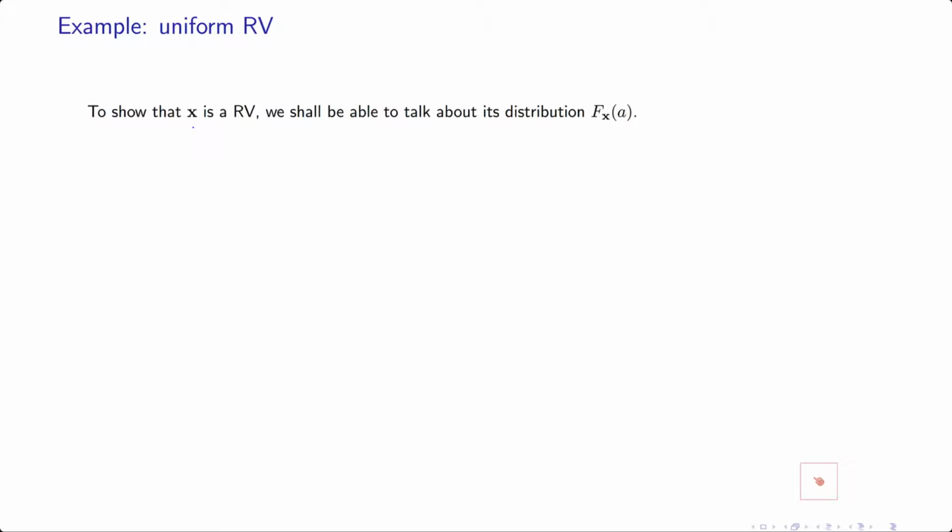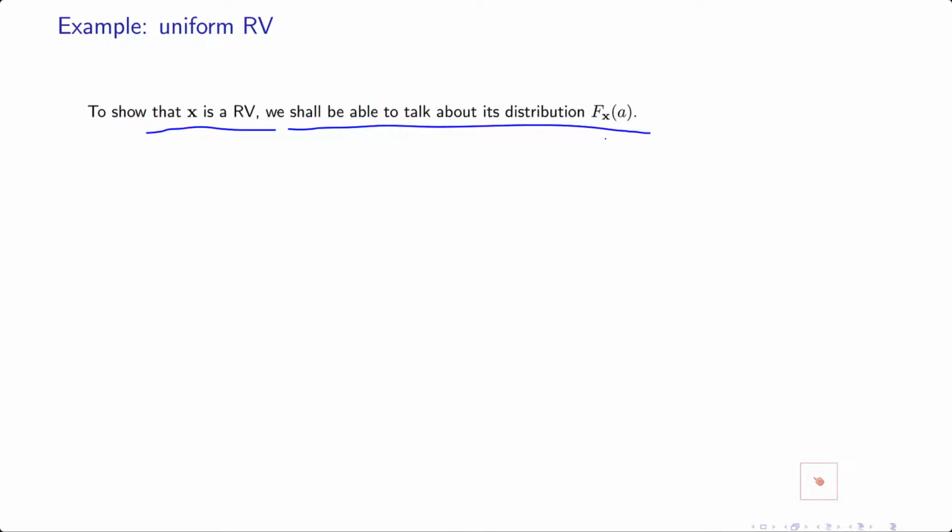So for this example of a phone call between 0 and 1, we want to show it is a random variable. In order to show that, we should be able to talk about its probability distribution. If we cannot talk about its probability distribution, we don't call it a random variable. So first of all, X of Xi is a real value. And second of all, the CDF is meaningful.